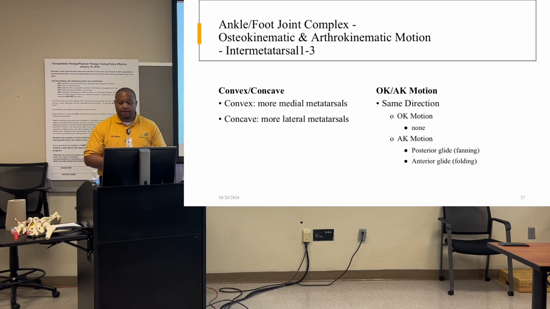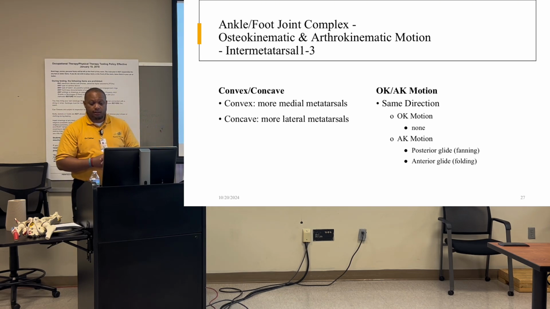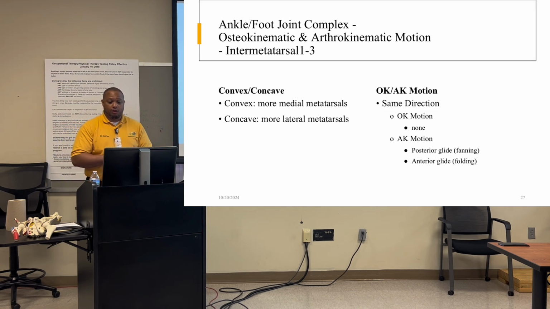So when we have concave moving on convex, our osteokinematic motion and arthrokinematic motion is going to be in the same direction. So in regards to our intermetatarsal joints, the OK motion is considered to be none because they're not moving in your cardinal planes. That's why.